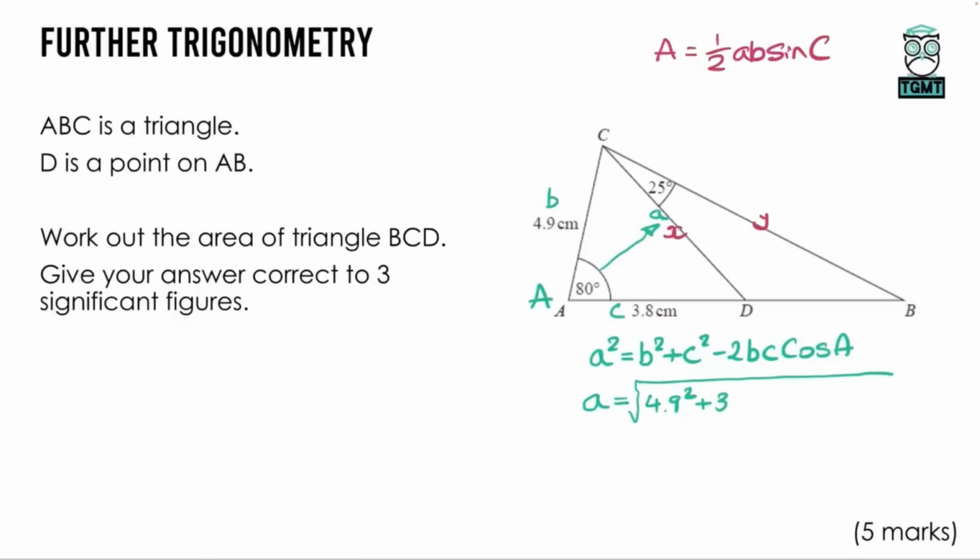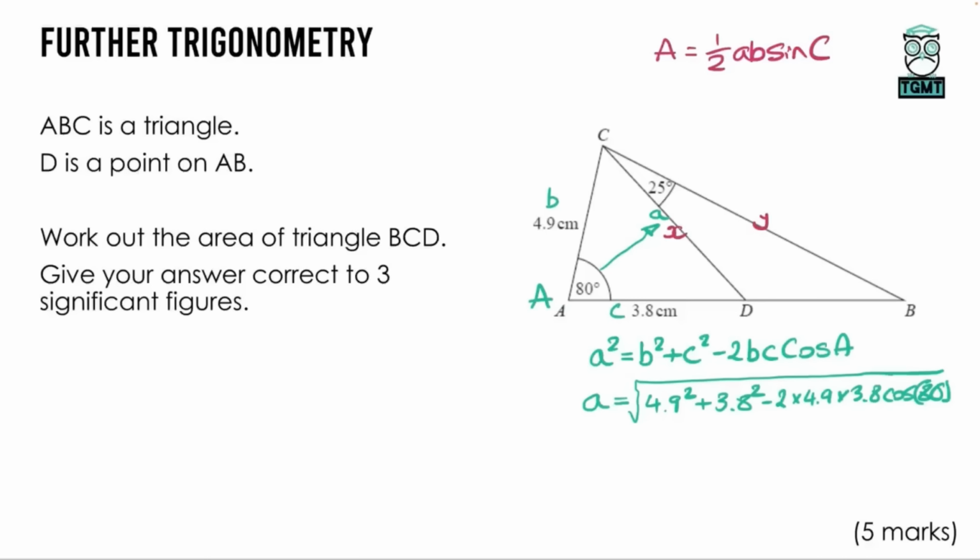The next one would be 3.8 squared. So again, 3.8 squared, and then take away 2 times 4.9 times 3.8 cos 80, and it will open up a bracket, and that angle goes in your bracket. So typing that into the calculator, we are going to get quite a large number, and that's absolutely fine.